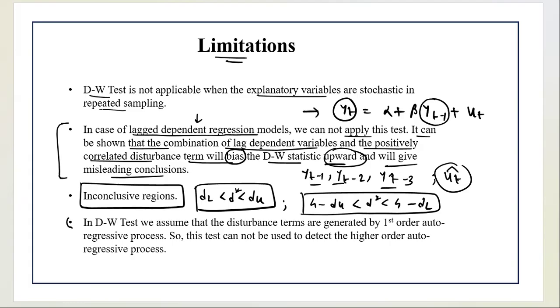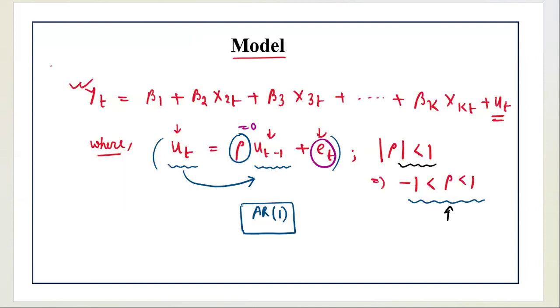And the last and final thing is that in the DW test, we assume that the disturbance terms are generated by the first order autoregressive process. So when I defined the model, let me get back to the model. I have specified that the model that we use should be of the AR1 type, right? Autoregressive process of order 1, the maximum lag value that you can include in this model is 1.